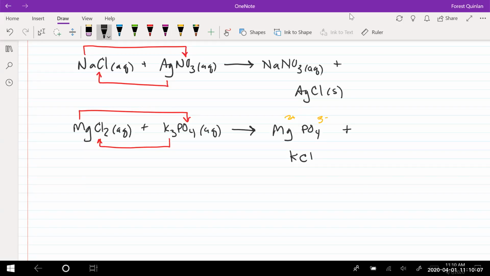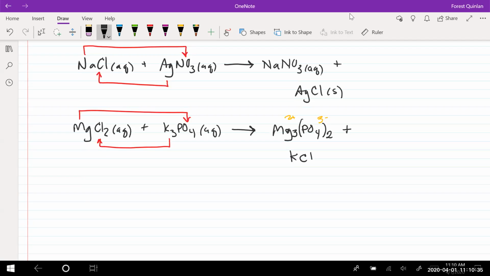All right, so you need, oh, I'm struggling with this one. So you have a +2 with the magnesium here. How many of those do I need to make a +6? 3. Yeah, 3, because 2 times 3 is 6. And then how many phosphates? 2, because 2 times 3 is 6.